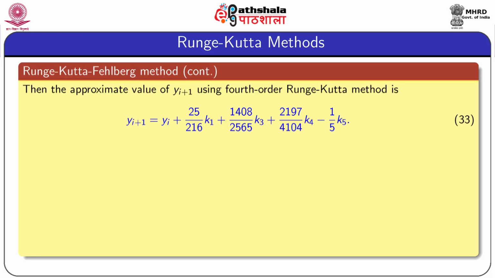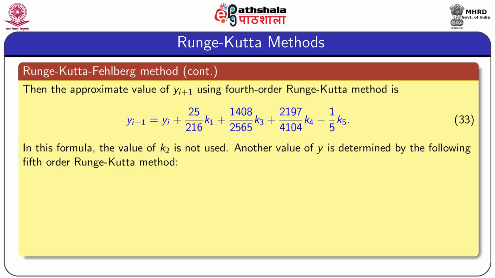So, this is the fourth order Runge-Kutta method. Note that only 4 k's are used in this formula, that is why this formula is known as the fourth order Runge-Kutta method. In this formula the value of k2 is not used, that one is missing.